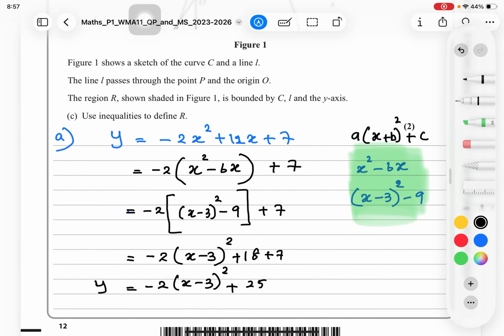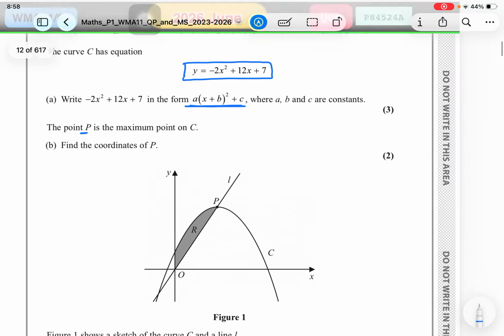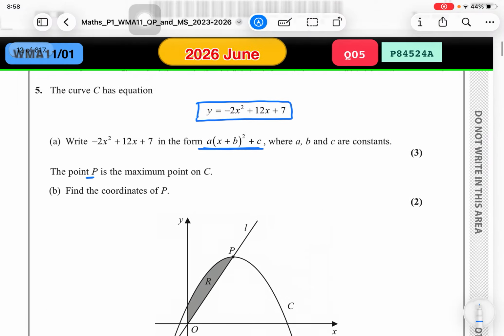If you want to be very specific, my a will be negative 2, my b will be negative 3, my c will be positive 25. So it exactly gives you the same form. Yeah, we got it sorted.